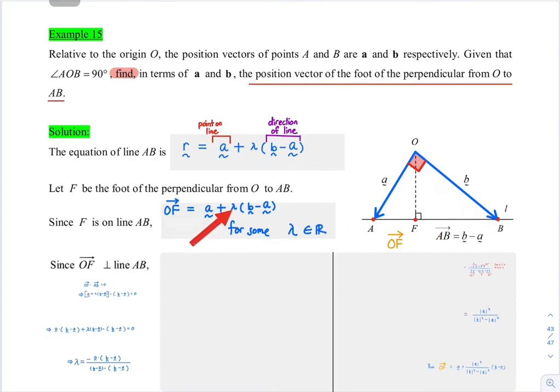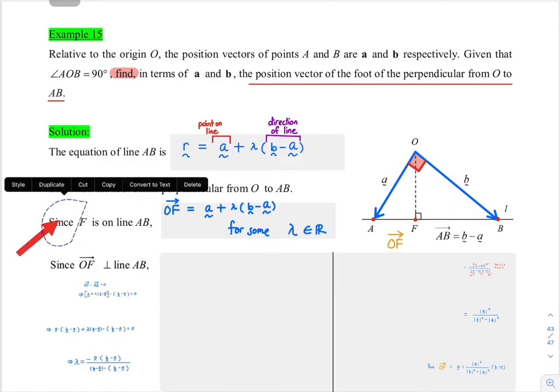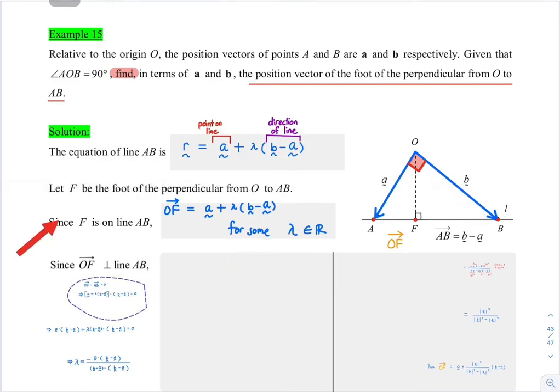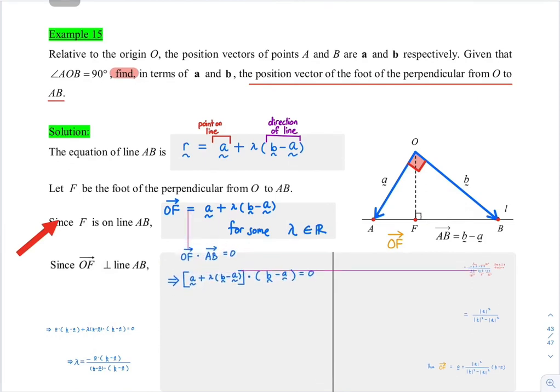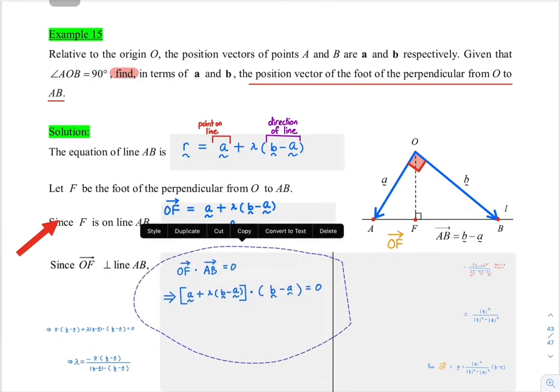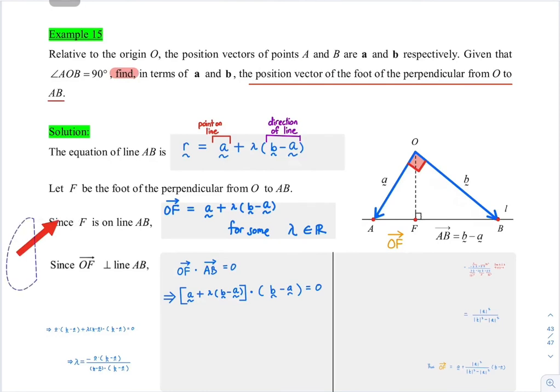As per normal, we need to do a dot product of OF with the direction of AB, because they are perpendicular, and then we will be able to get lambda. So when we do that, OF dot AB is equal to 0.